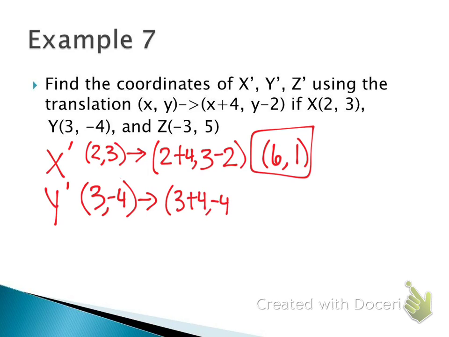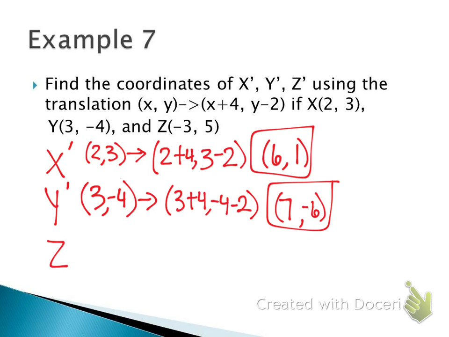Negative 4 minus 2. What is 3 plus 4? 7, and negative 4 minus 2. You lose 4, you lose 2 more. Negative 6.